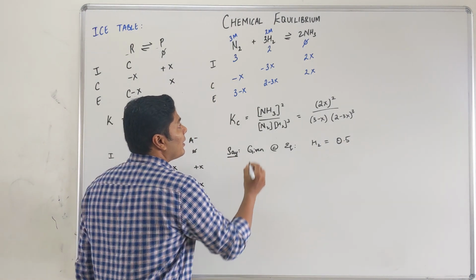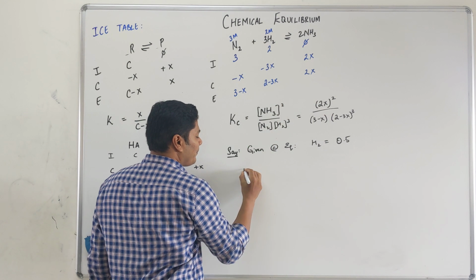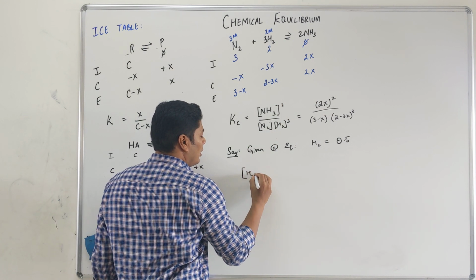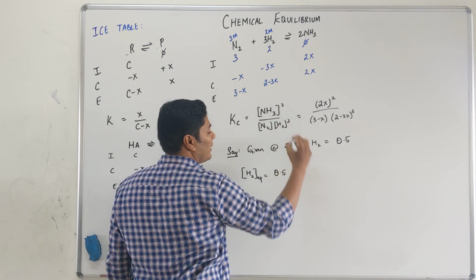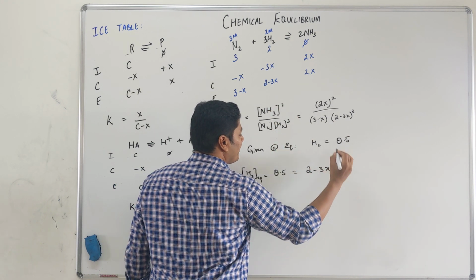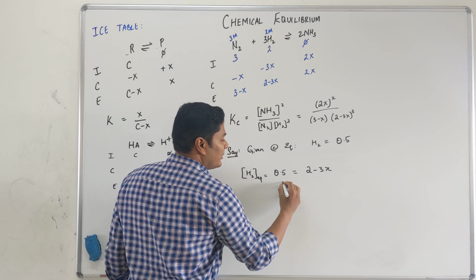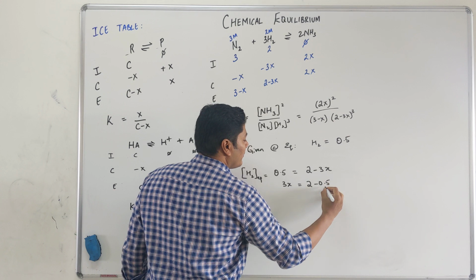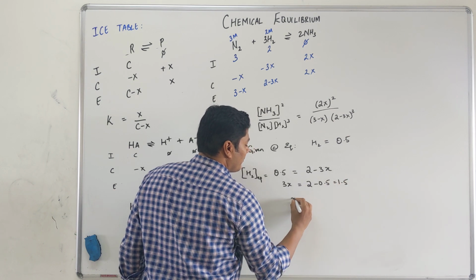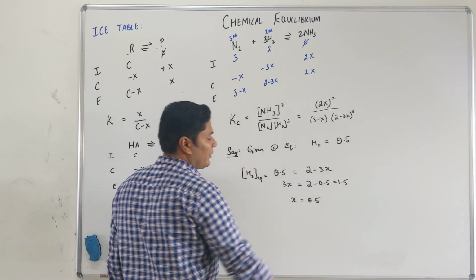So, that means this is equilibrium H2. H2 at equilibrium is 0.5, that equals 2 minus 3X. So, that tells me that 3X equals 2 minus 0.5, which is 1.5. X equals 0.5.